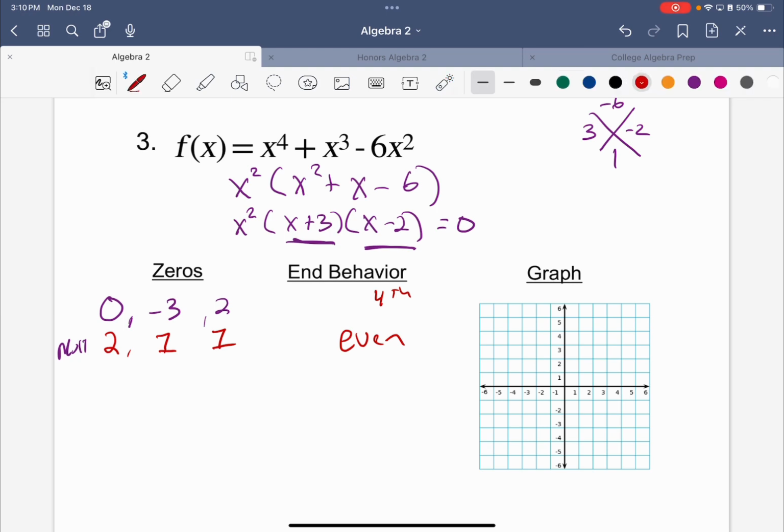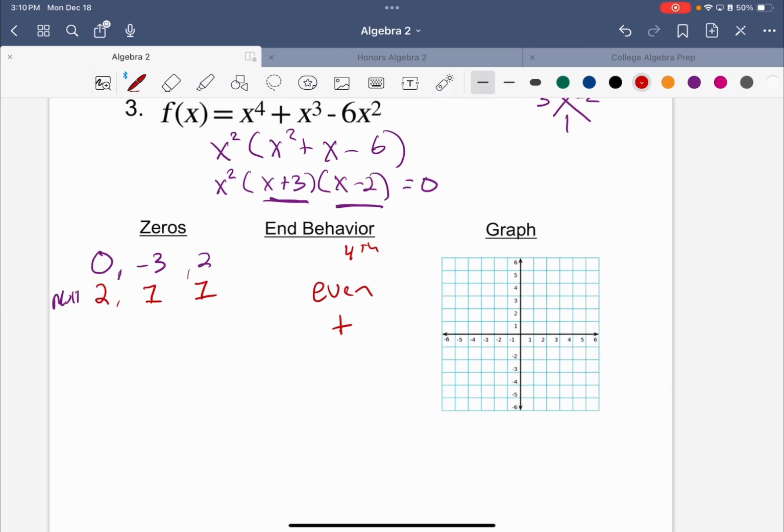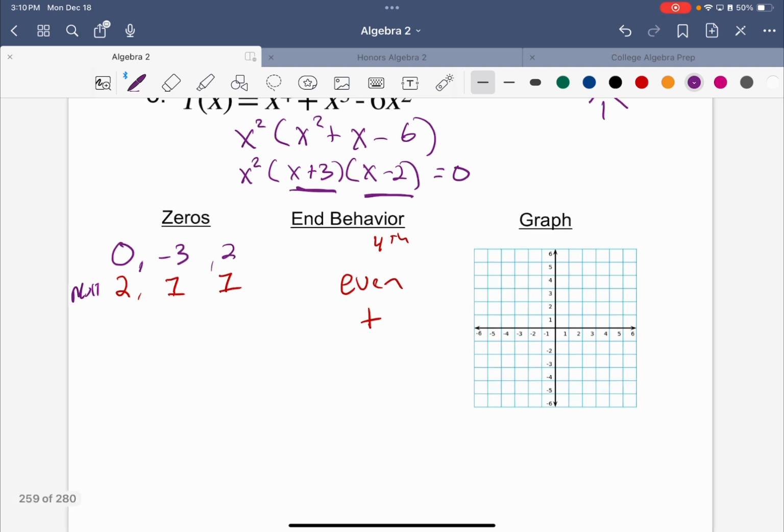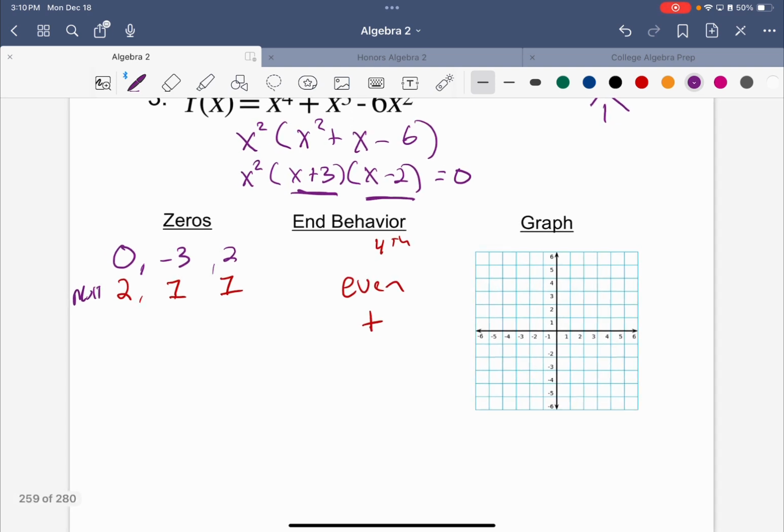So it's even and positive. What quadrants are even and positive? 1 and 2. My zeros are at 0, -3, and 2.